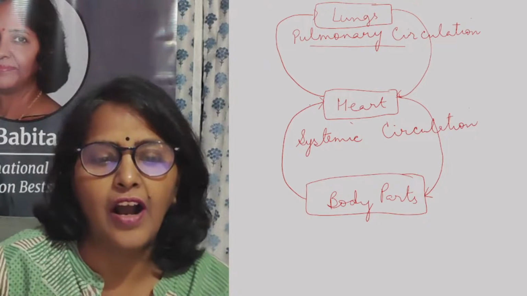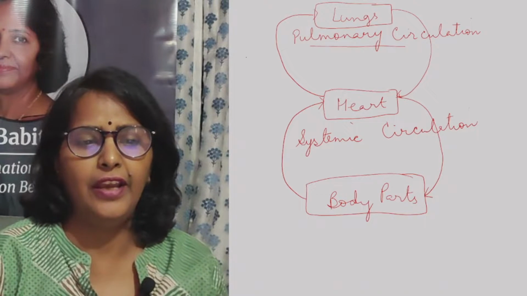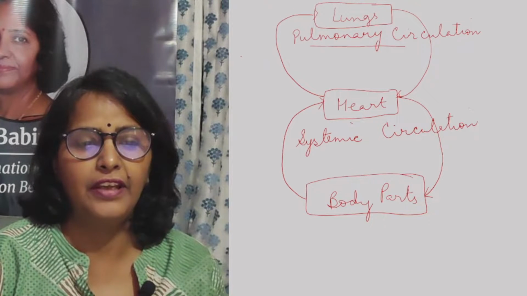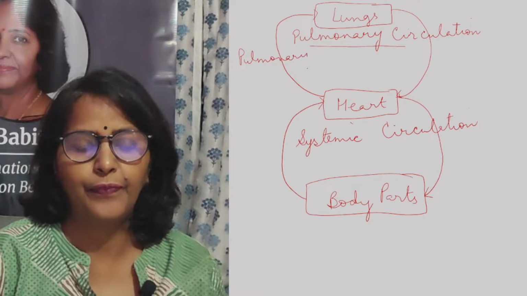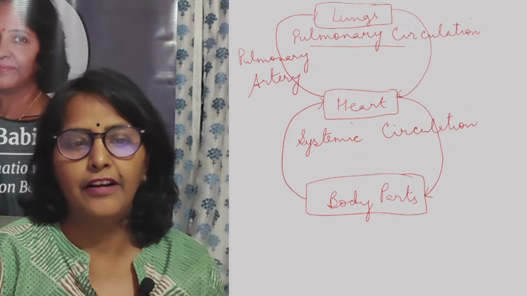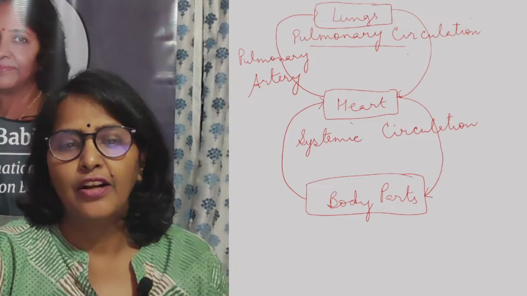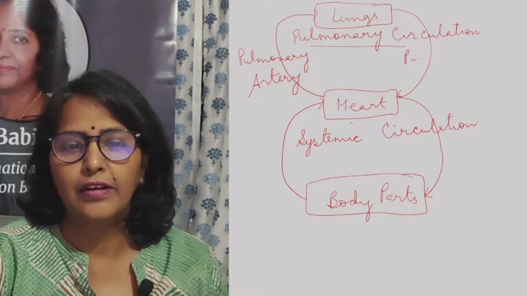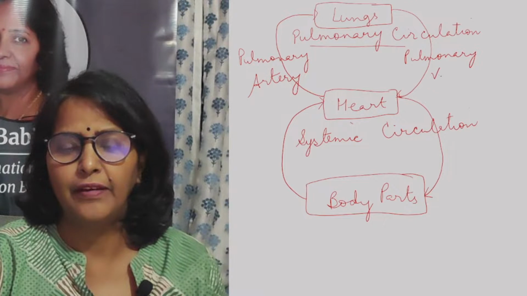From the heart the blood was going into the lungs through an artery called the pulmonary artery, and from the lungs it was coming back to the heart through a vein called the pulmonary vein.